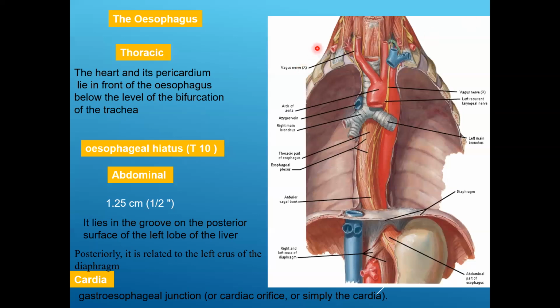While the upper part of the esophagus starts by the upper esophageal sphincter. Upper esophageal sphincter actually is formed by a muscle, the cricopharyngeus muscle. So if you touch it, there is thickening of the muscle.